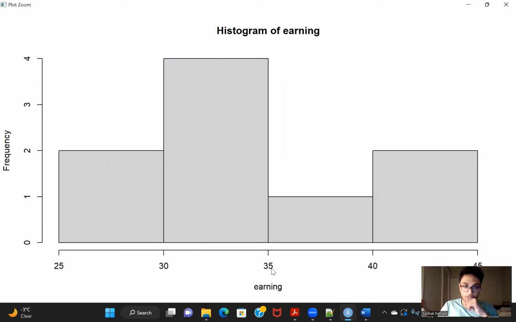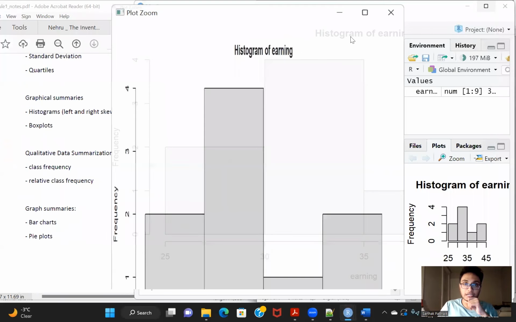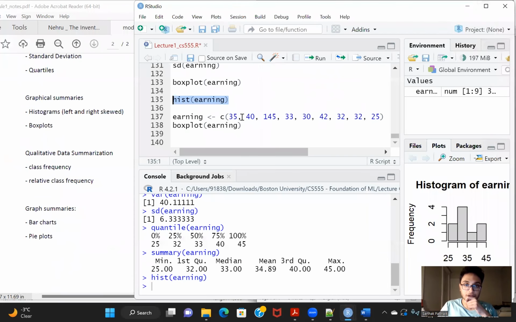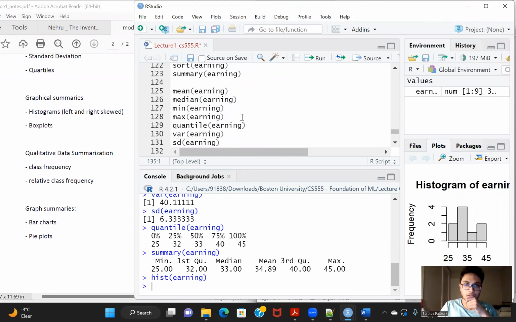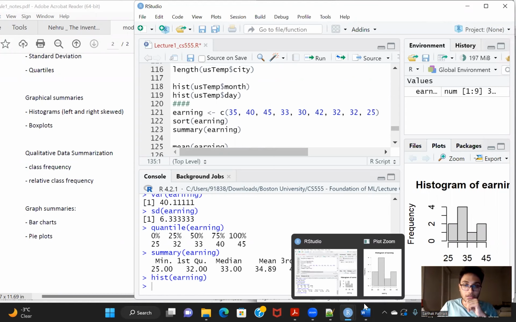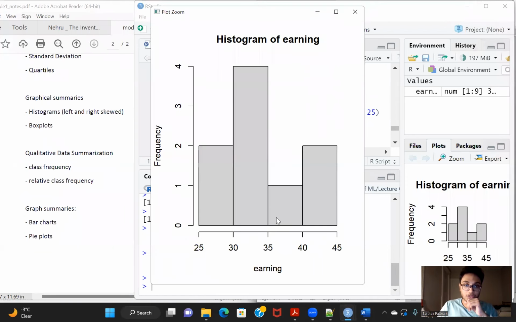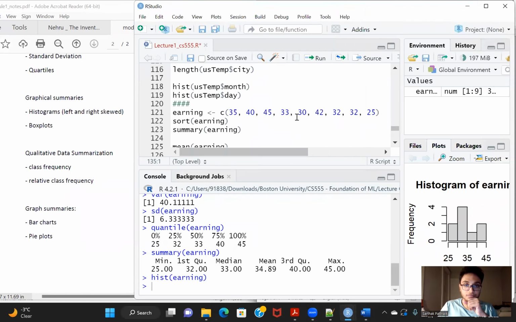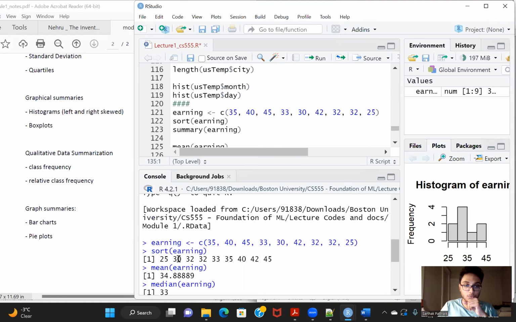So as you can see over here, from the data set that we had, if I go back to the data set, right? So we had 35, 40, 45, 33, 30, 42. Now, if you look at the histogram, between 25 and 30, there are two observations. Rather, I'll show the ascending one.